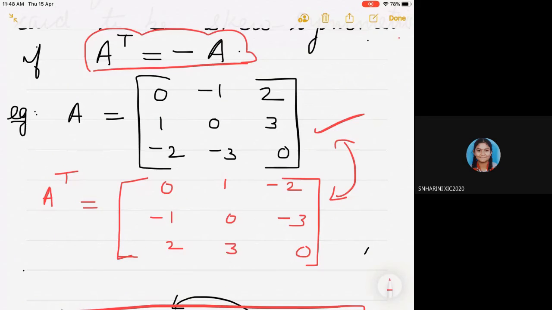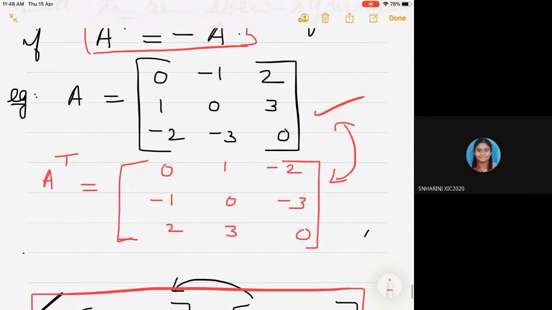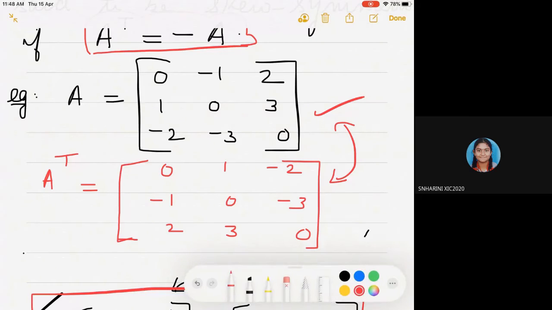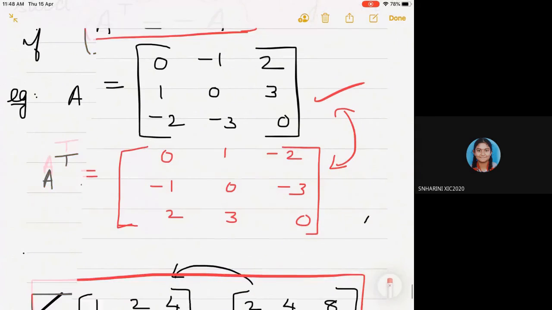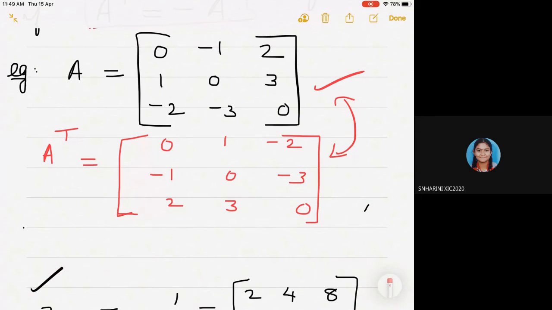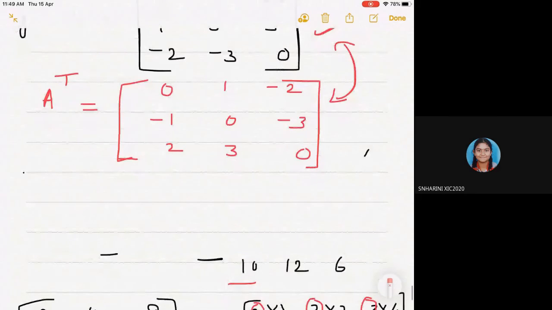You can see that if you take a common factor from A transpose, it becomes the matrix A itself. So which is the common factor to be taken out? Tell me, anybody? Minus 1.